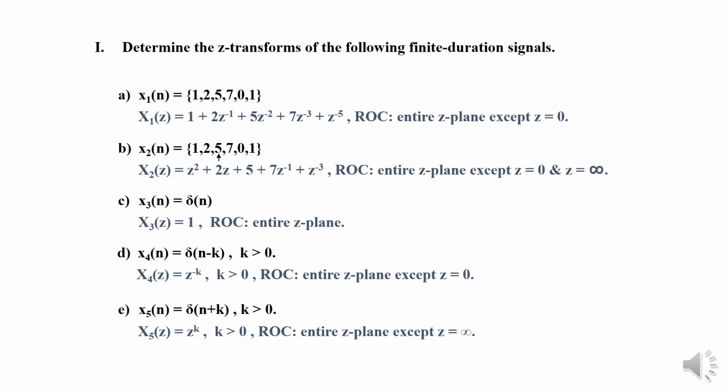So when we have delta n, x3z, delta n will only exist at n equals 0. Therefore, the answer is x3z is equal to 1, right? So there are no z terms in here.